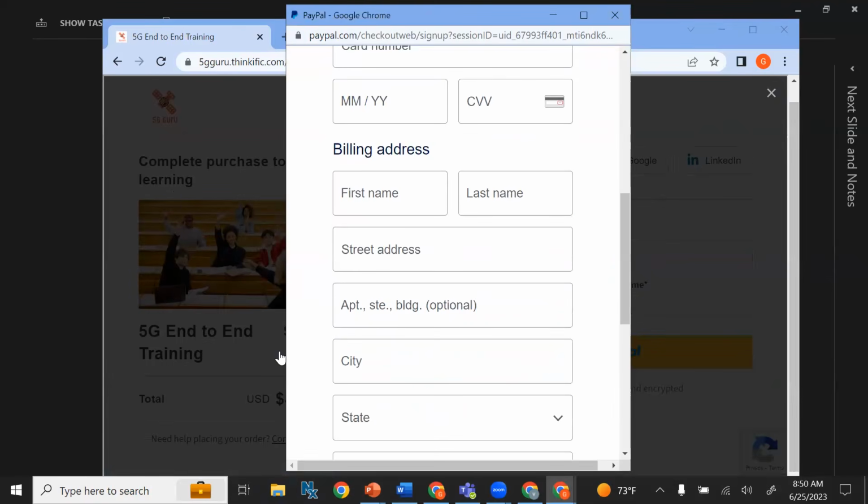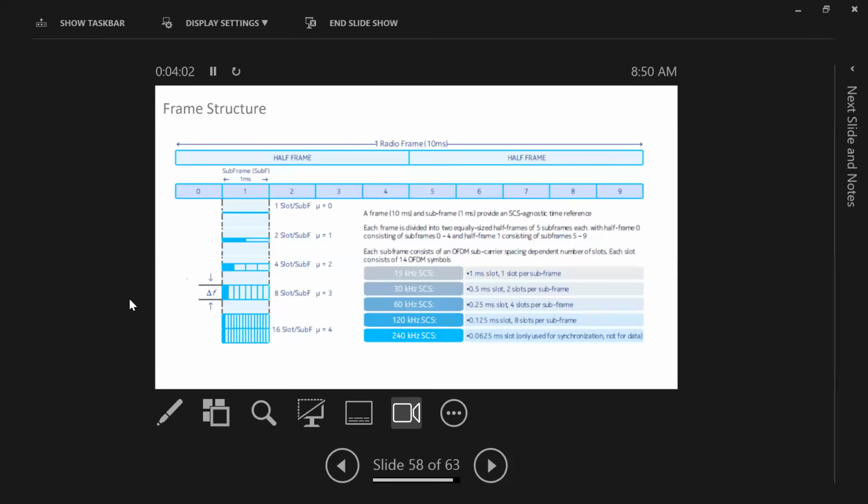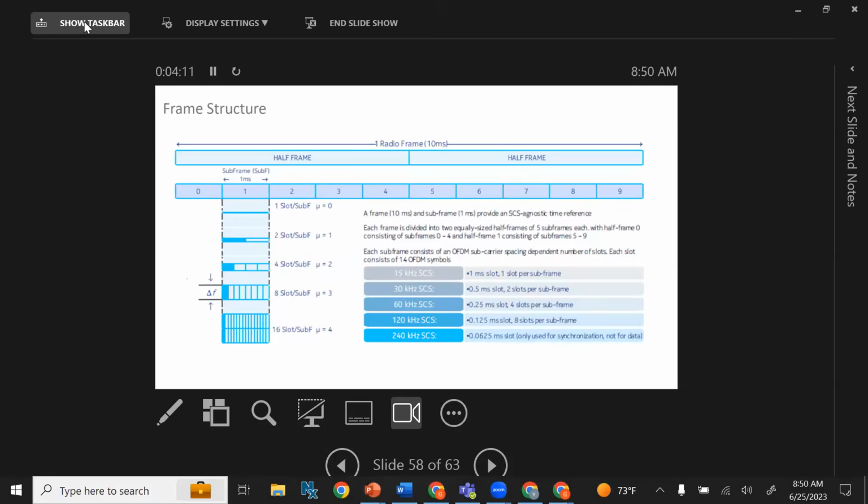Okay, so let's recall what we have discussed in case of 5G NR numerology.